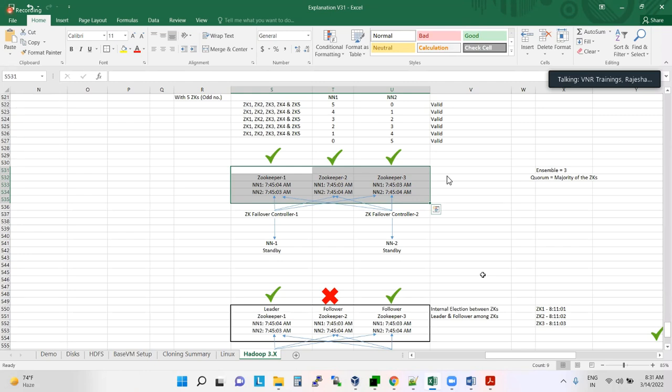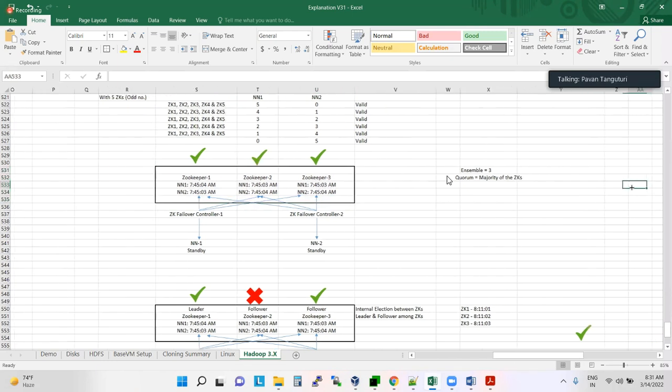If out of 3 zookeepers, 2 zookeepers are down, can I take a decision with 1 zookeeper? Understood, guys?